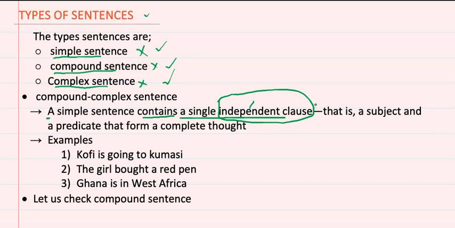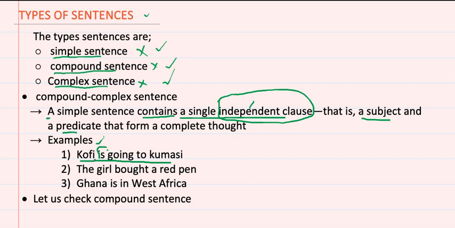And all we are saying is that the sentence should have a subject and a predicate, or a subject, verb, object. Let's look at examples. One, Kofi is going to school. So you see going to school is the predicate.